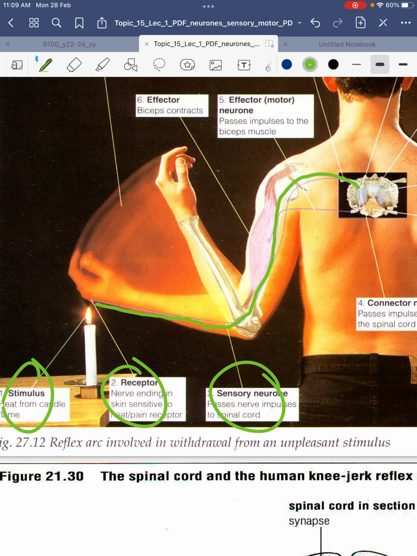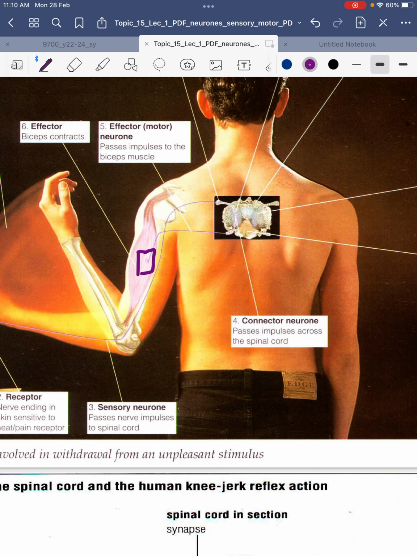So this part here, between the synapse and the muscle, there is communication, a synaptic transmission. Actually, there is a special name. It's called the neuromuscular junction.